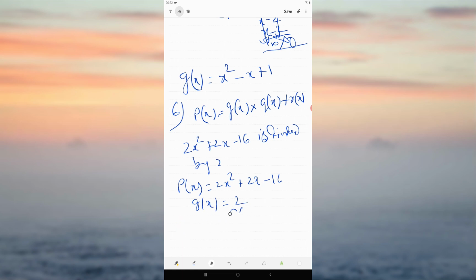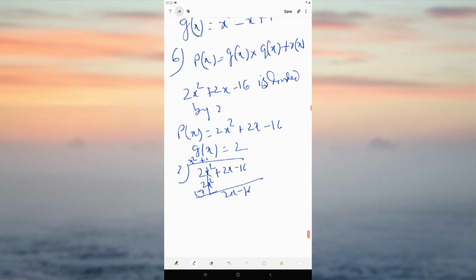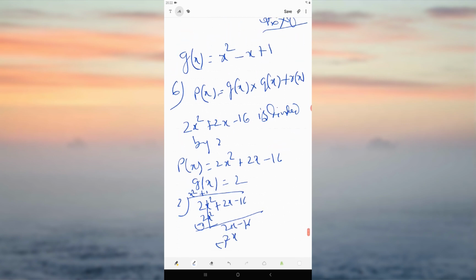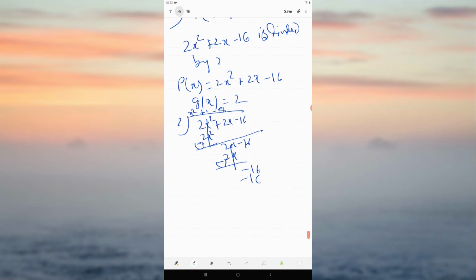So what we are doing, we are dividing 2x square plus 2x minus 16. If you take x square, that will be 2x square, minus, cancel out, what we are getting is 2x minus 16, plus 1, so 2x, minus, cancel, we are getting minus 16, here minus 8, that will give us minus 16, this will be plus, so 0.